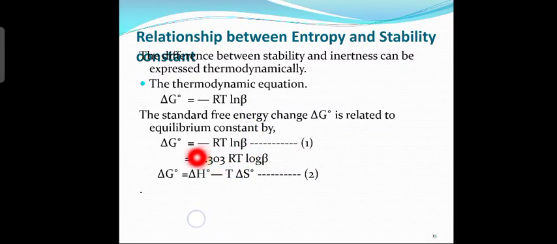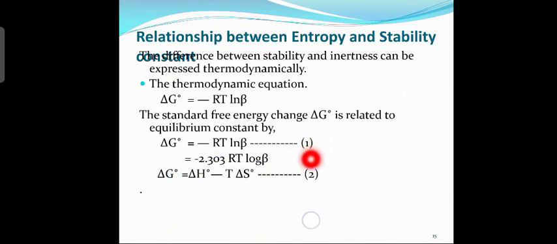If you replace ln by logarithm, that means multiply by 2.303, so it is minus 2.303 RT log beta. Now, how are standard free energy change, enthalpy change and entropy change related? They are related by delta G naught is equal to delta H naught minus T delta S naught.